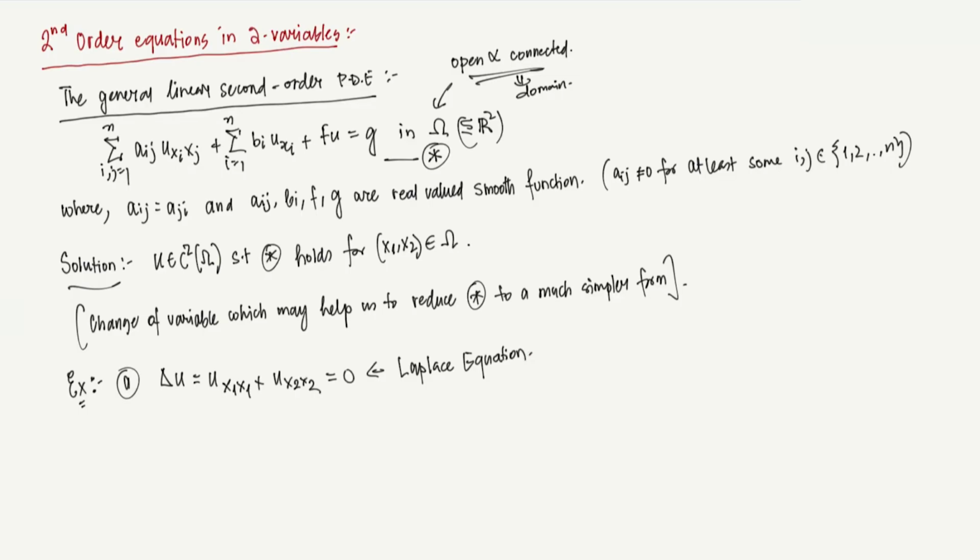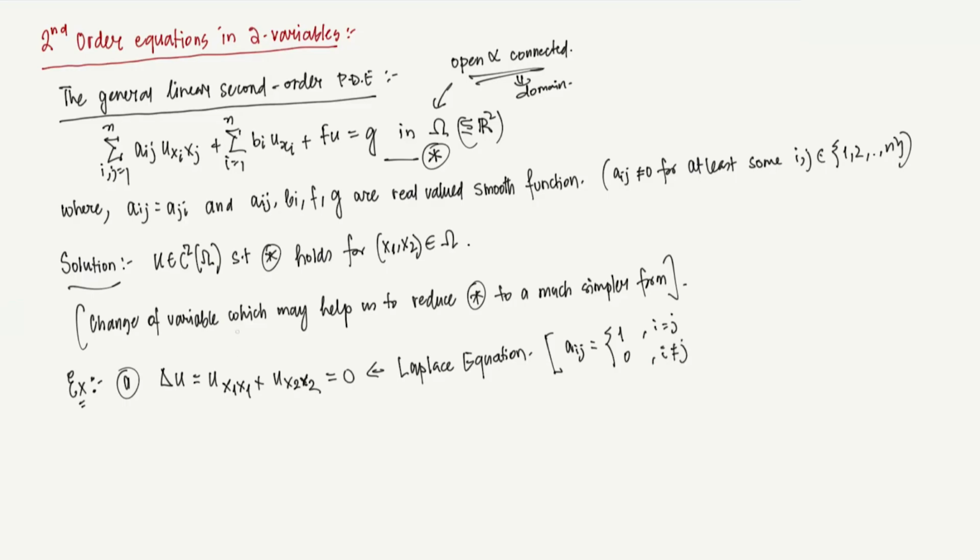Now the point is this: what happens with the Laplace equation? If you compare it with star, a_ij is nothing but 1 when i equals j, and if i does not equal j, it is 0.